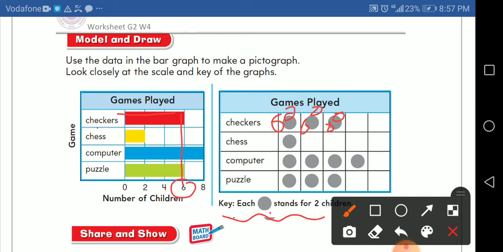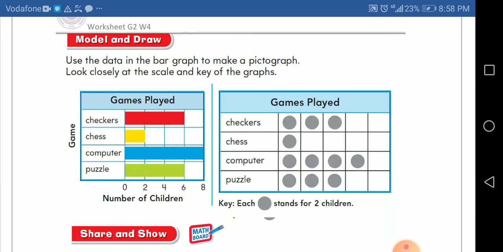For the chess, I've got 2, in the same box. For the computer we got 8, so I'm going to distribute it by 2, 2, 2, 2, 3, 4, 5, 6, 7, and 8. And for the puzzle I've got 6, so 1, 2, 3, 4, 5, 6.